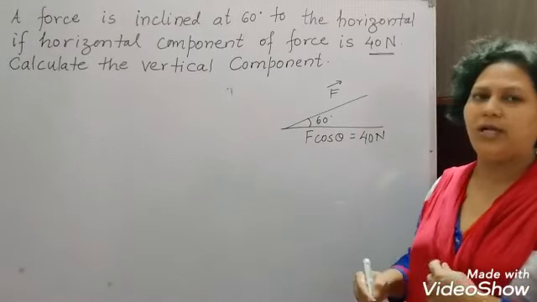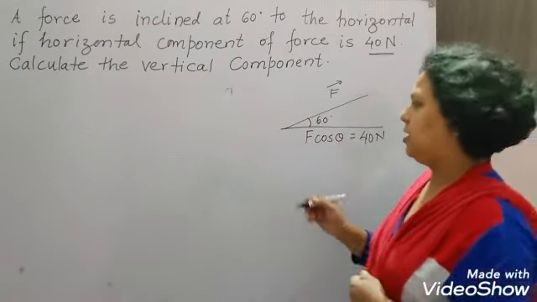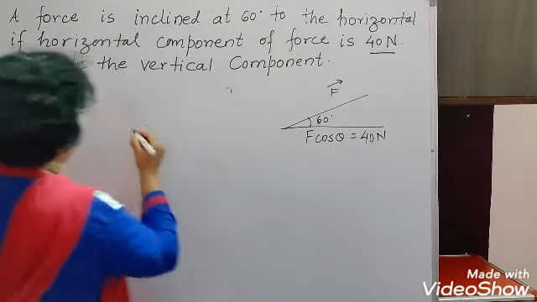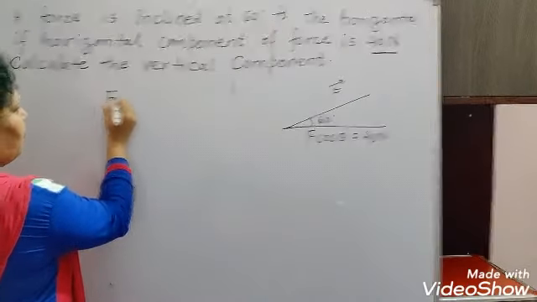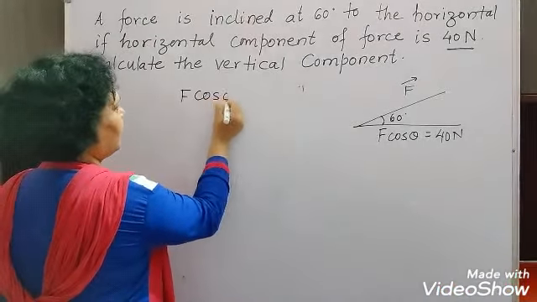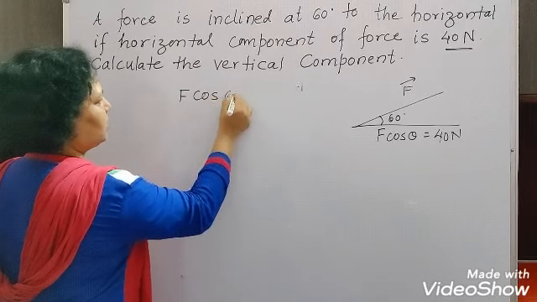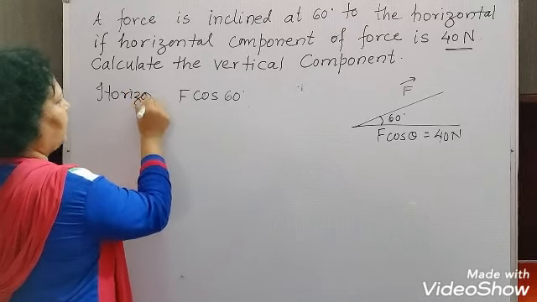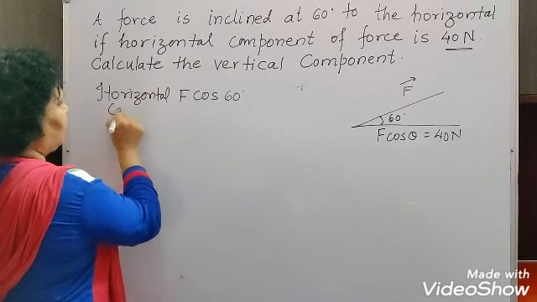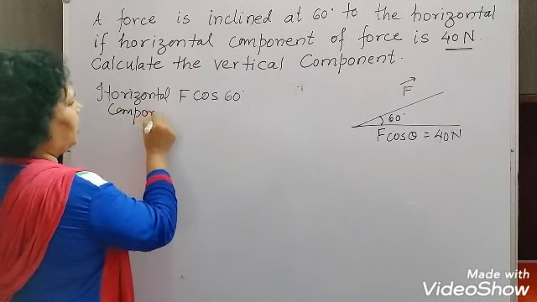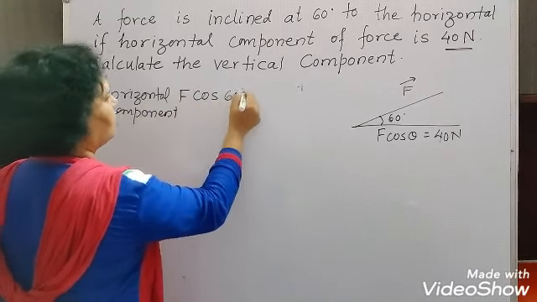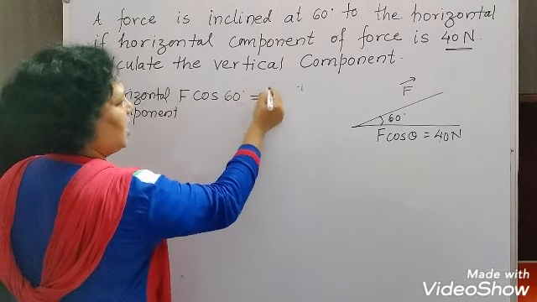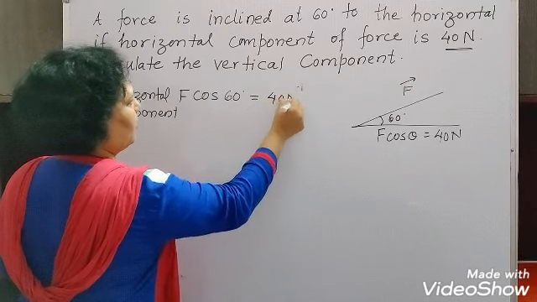We have to calculate the vertical component. Theta is equal to 60 degrees, so F cos 60 degrees is equal to 40 Newton.